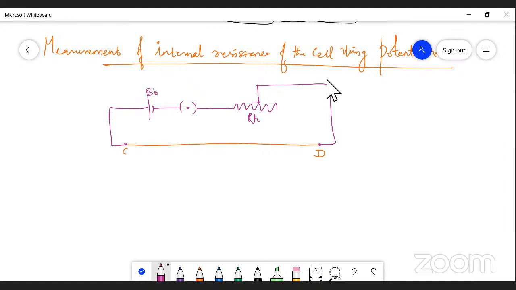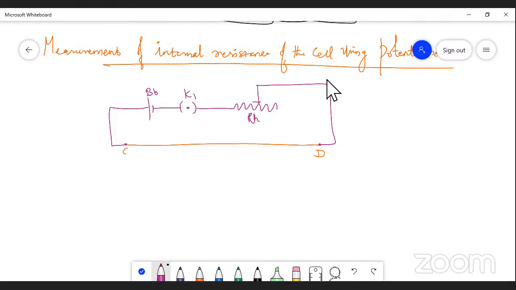So a battery, a key K1, and a rheostat RH, which are connected across the terminals of a potentiometer wire, forms the primary circuit. The positive terminal of the battery is connected to the terminal C of the potentiometer wire, and the negative terminal of the battery is connected to the terminal D through a key K1 and the rheostat.